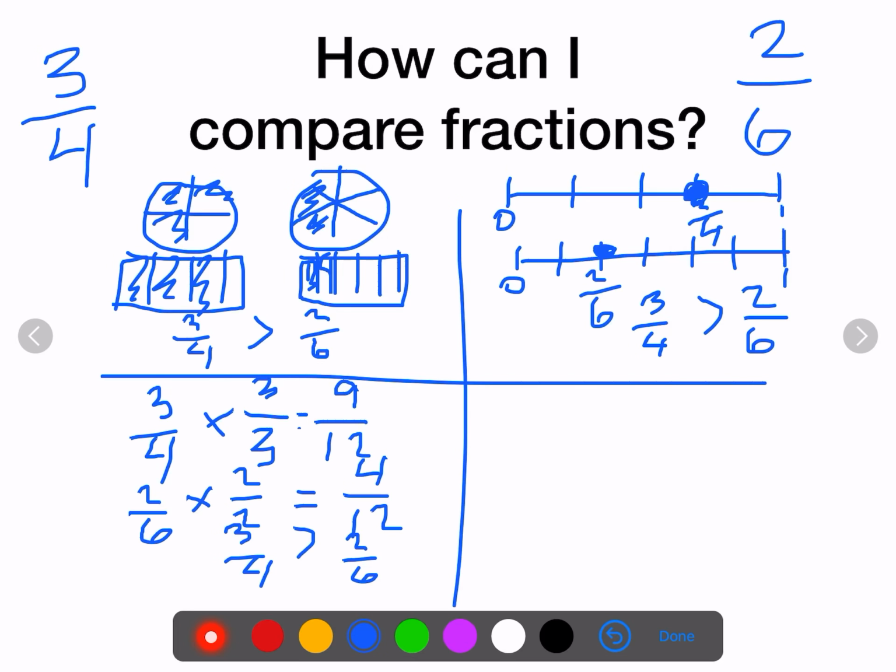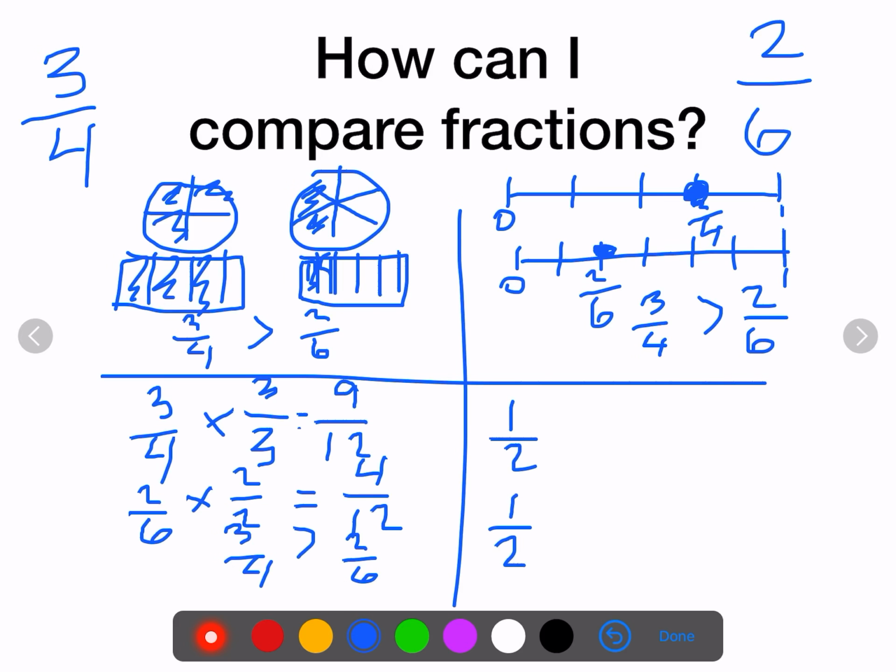The final way that we're going to compare fractions is by using benchmark fractions. Now this one is when we compare things usually to 1/2. So when I start with 1/2, I want to see if my number is greater than 1/2 or less than 1/2.